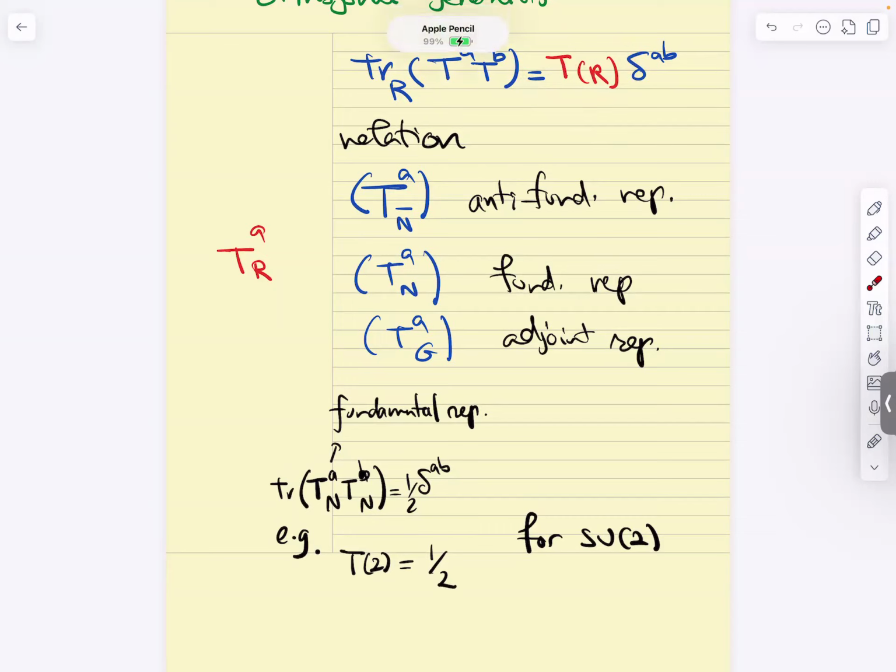Now, when you learn about representation theory of SU2 in your quantum mechanics course, how did you do it? Say Pauli's, well, fundamental representation. How do you label SU2 representations? You start with half integers. What are the quantum numbers of SU2? Spin.